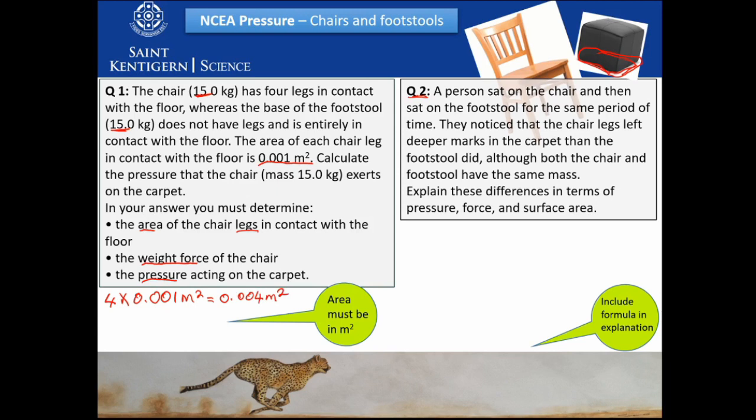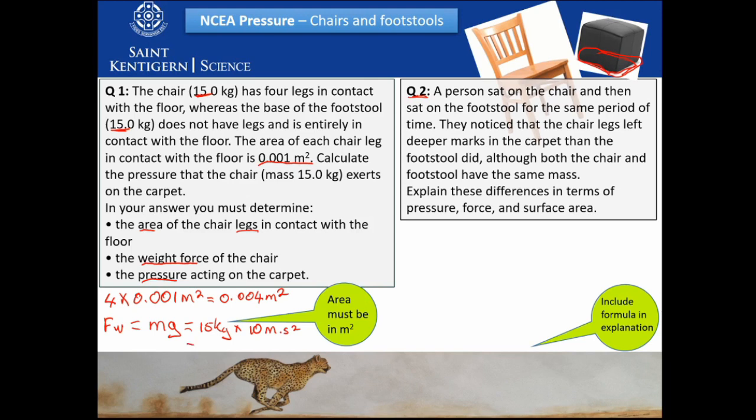The second one is the weight force. So weight force, we say Fw equals m, and usually it's ma, but in this case, because it's weight force, it is gravity, so mg, and we know that that is 10. So we take mass, which is 15 kilograms, and it always has to be in kilograms, multiplied by 10 meters per second squared.